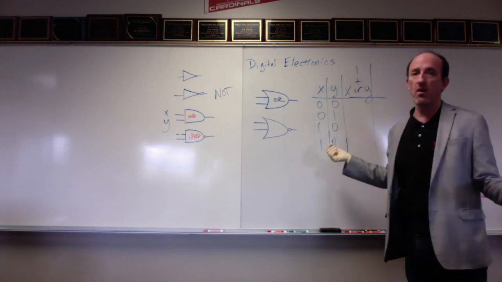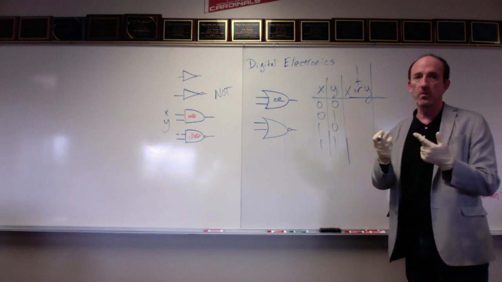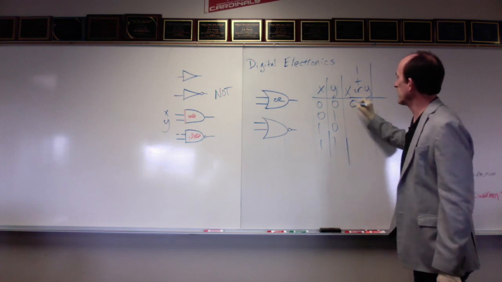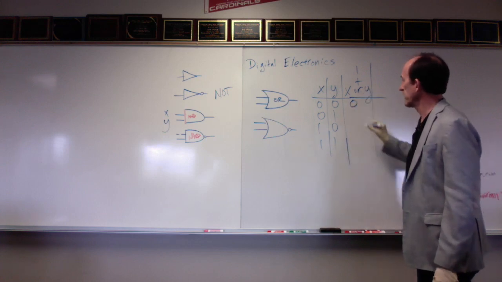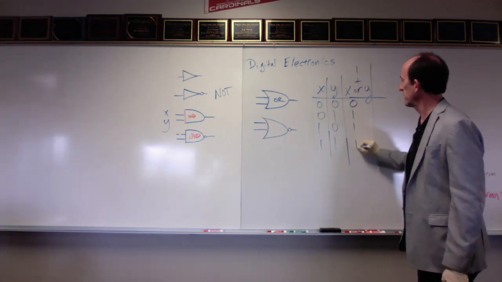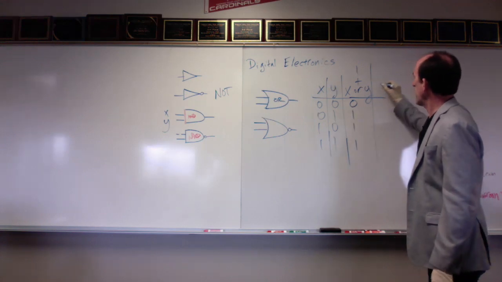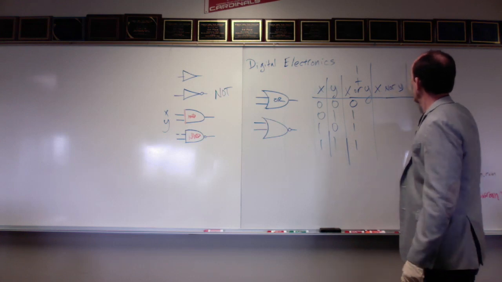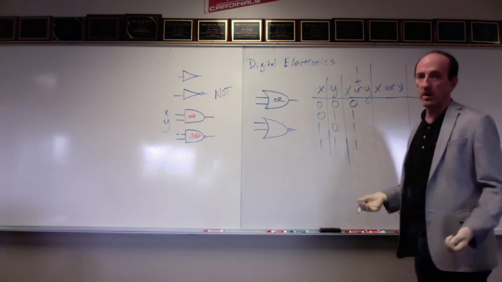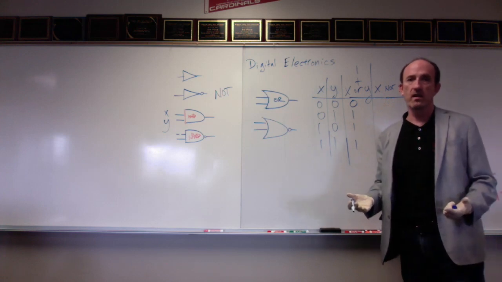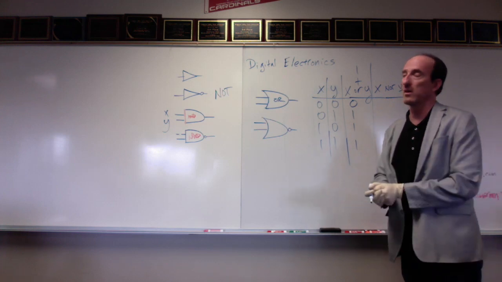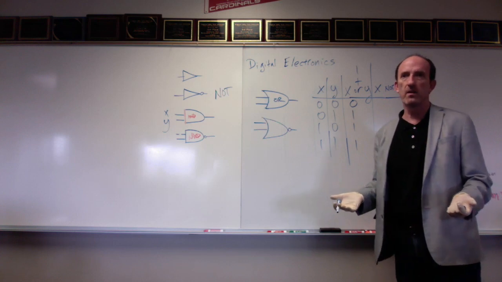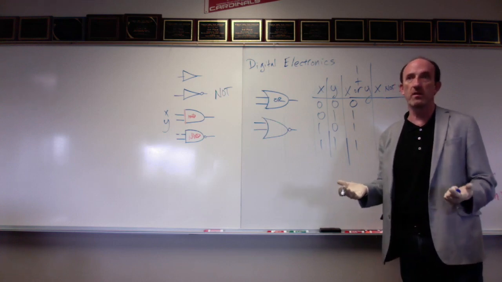With X or Y, the only way to get false with an OR is if both inputs are false. So this is the only false when we do OR. True, true, true. So X NOR Y is going to be the opposite of that. The only way to get true with NOR is if both the inputs are false.